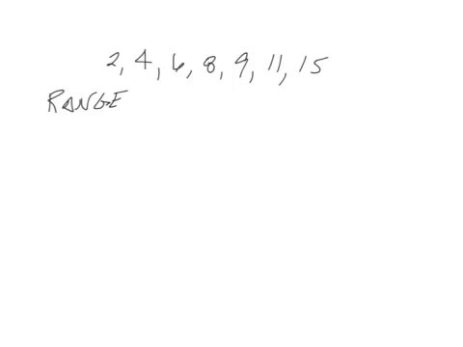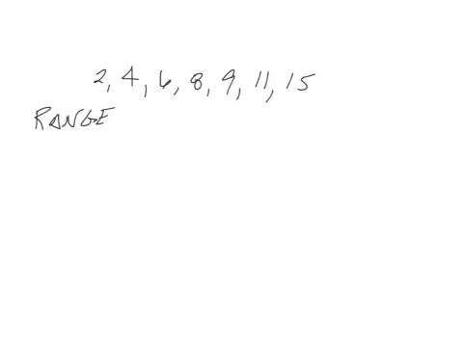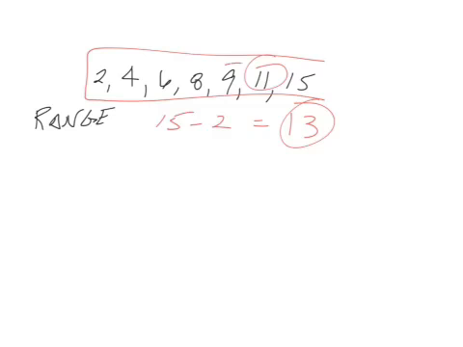So the range would be all the numbers between 2 and 15. So it would be 15 minus 2. So the range would be 13. There's 13 numbers between here. Now we didn't include all the numbers, like we didn't include a lot of the odd numbers, etc. But the difference is always going to be the largest from the smallest, and that will give you the range.